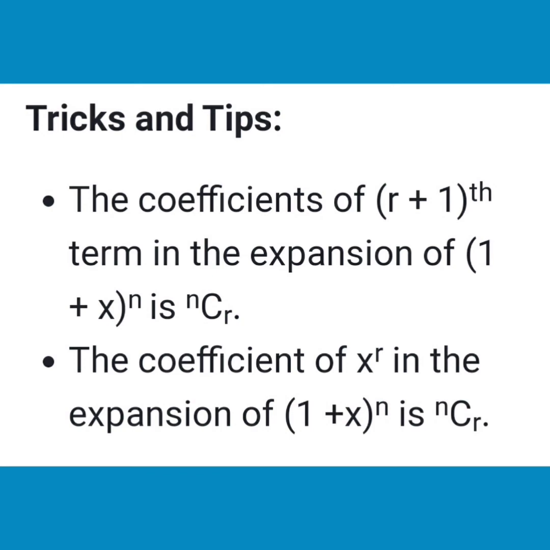So naturally the (r+1)th term, that is the general term, will be nCr x^r. So the coefficient will be nCr. Similarly, the coefficient of x^r in the expansion of (1 + x)^n is nothing but nCr.